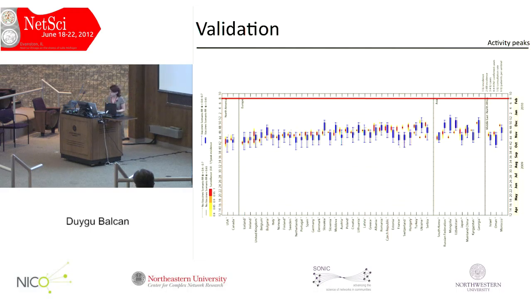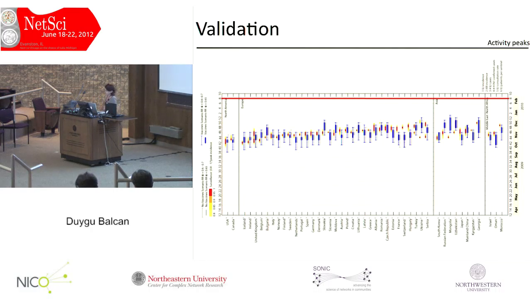The other bars, the colored bars from yellow to red, give the peak of the activities in certain countries using some proxy measures like the frequency of hospital visits for ILI, influenza-like illnesses, or in some cases the number of confirmed cases in certain locations.